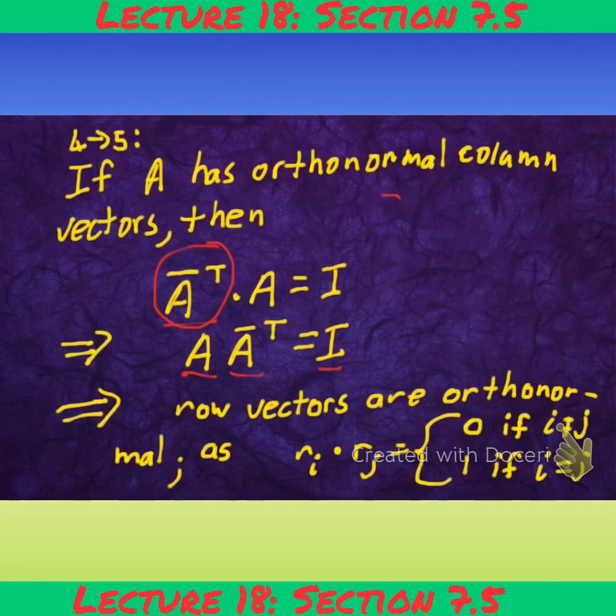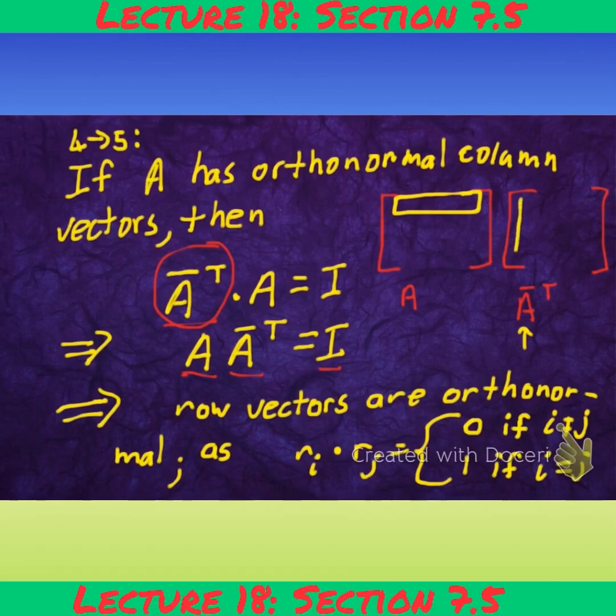Right, so take A now. So there's A, and then take A's conjugate transpose, right? So when we calculate this, we start with the first row, and in A's conjugate transpose, the first row is going to be my first column, but I'm going to take the conjugate of each entry there.